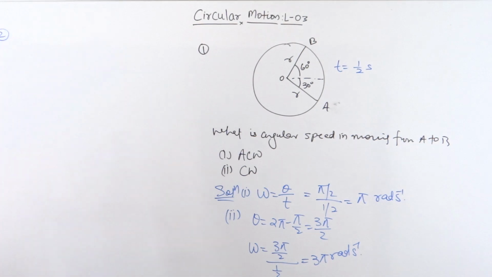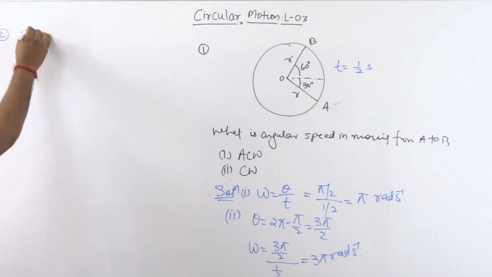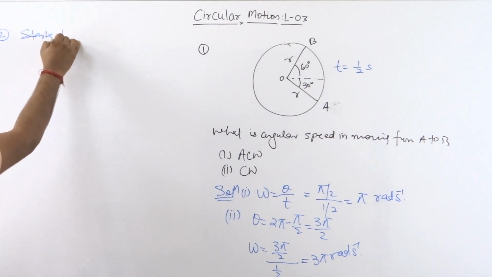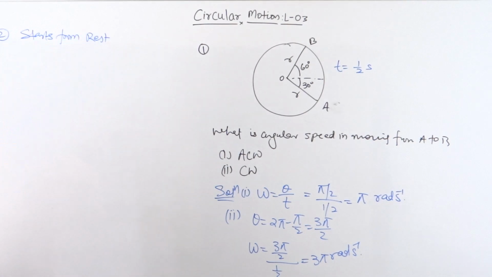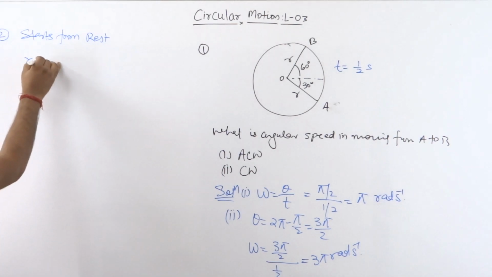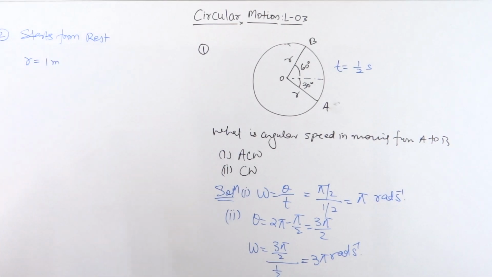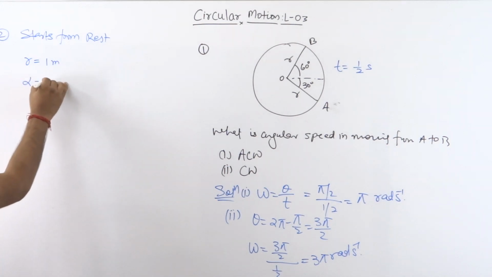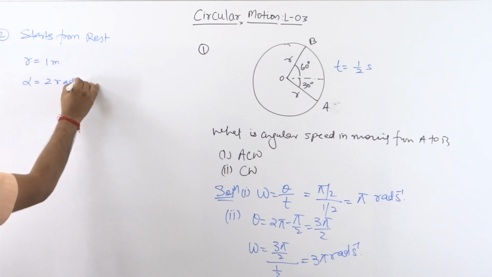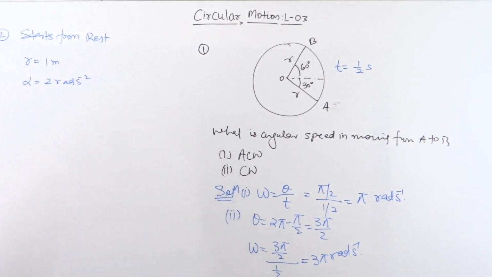Okay, let us say that a particle starts from rest. It starts from rest, which means initial velocity is going to be 0. Now it's moving in a circular path of radius, let us say, 1 meter, with an alpha, that is angular acceleration, of 2 radian per second square.